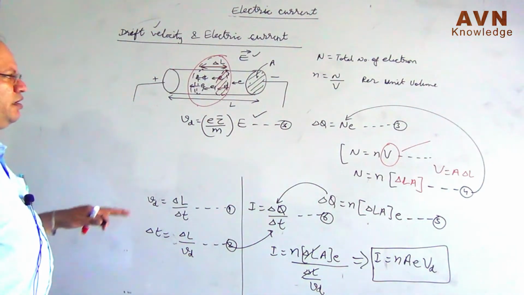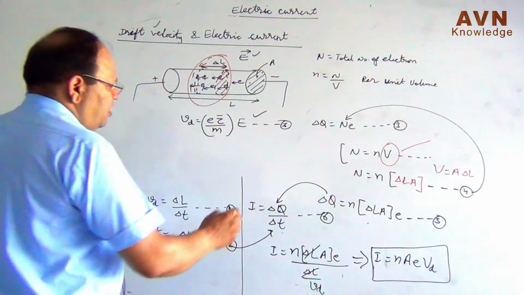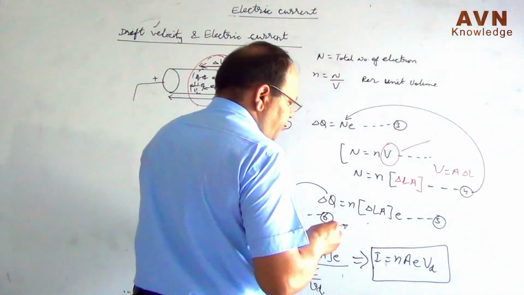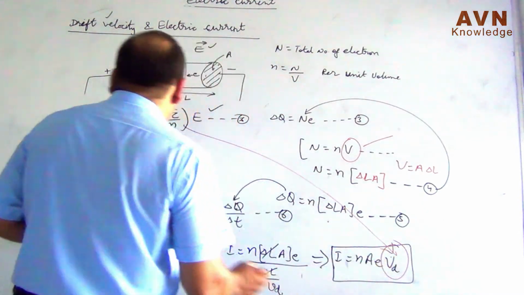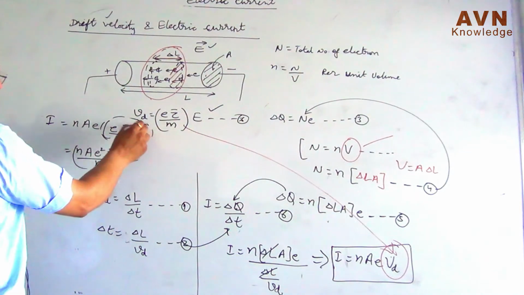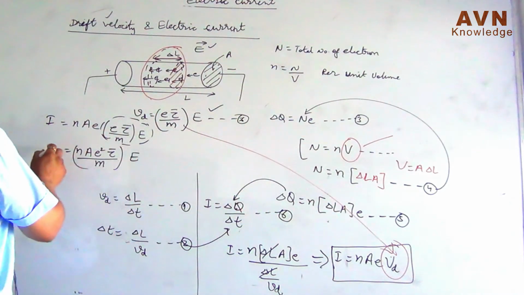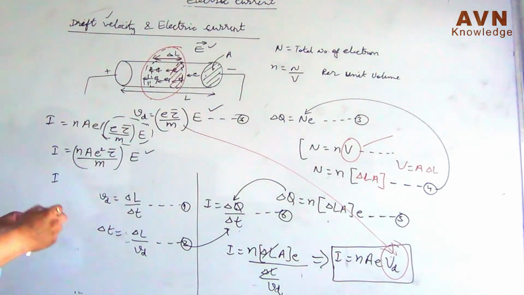When you put the value of Vd in this formula, I equal to n A e Vd, put this formula in this equation, then I. So here I is proportional to the electric field.